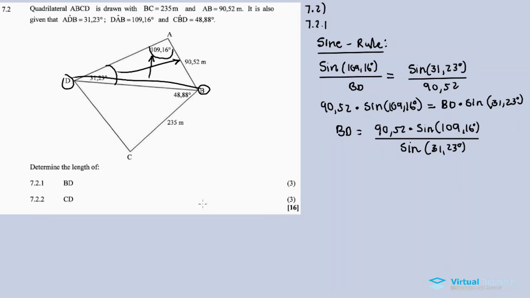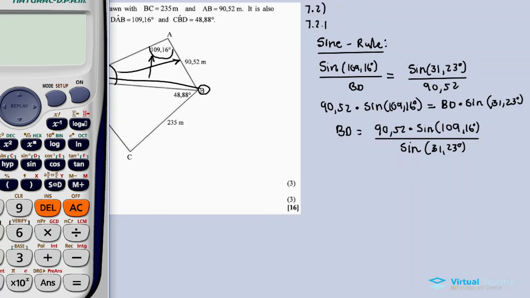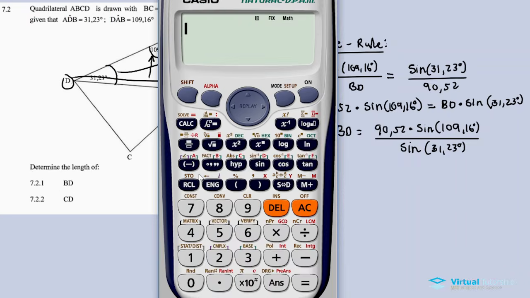Calculator. 90.52 times sine 31.23, close bracket, divided by sine 109.16.